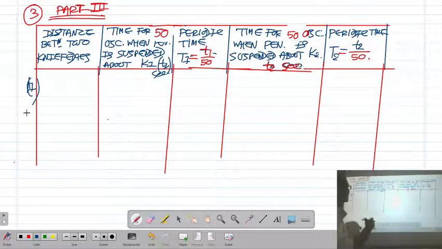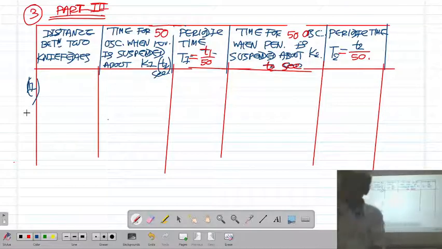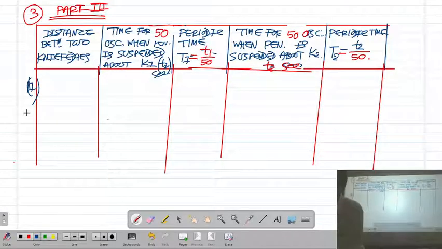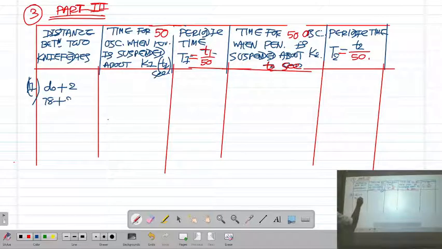So in part 2, as I discussed, we got the distance between two knife edges 78 centimeter. So in part 3, put the distance between two knife edges D0 plus 2, that is 78 plus 2, that is 80 centimeter.